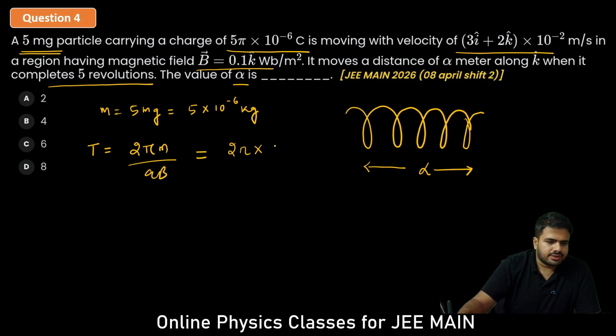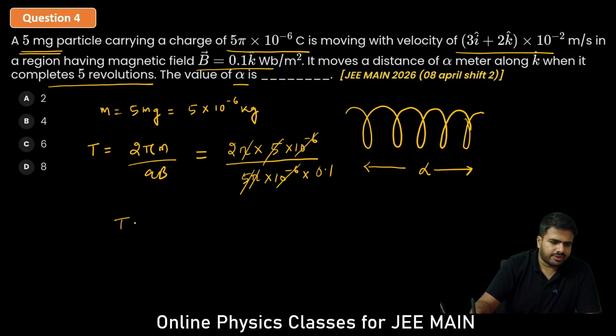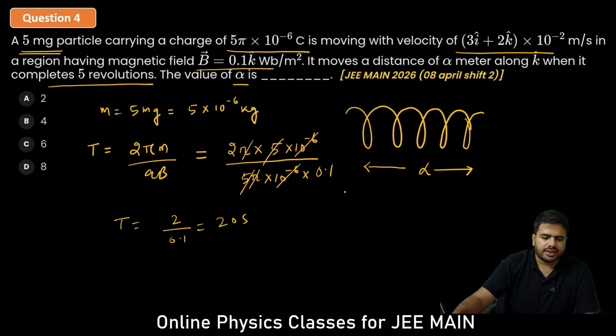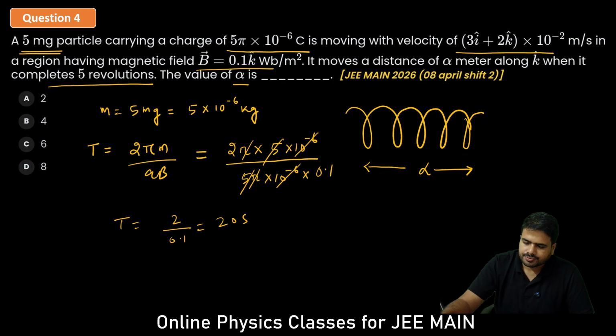Mass is given in this question, 5 milligrams, so 5 into 10 to the power minus 6, by charge here is given 5 pi into 10 to the power minus 6, magnetic field given 0.1. So pi gets cancelled, 5 also gets cancelled, 10 to the power minus 6 gets cancelled. So the time period we are getting is 2 by 0.1, or 20 seconds.